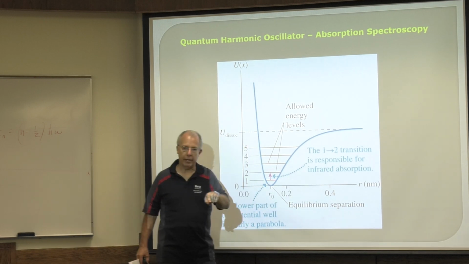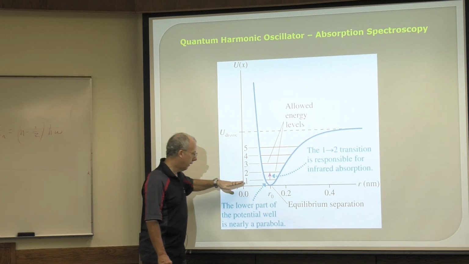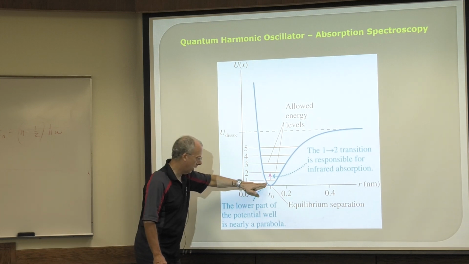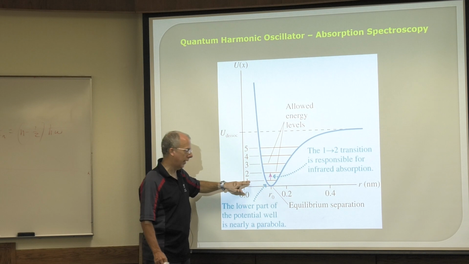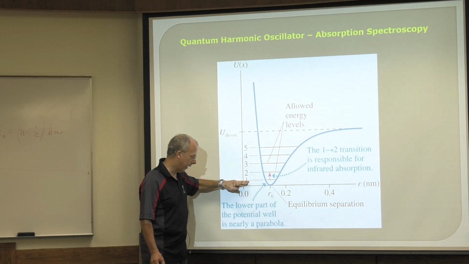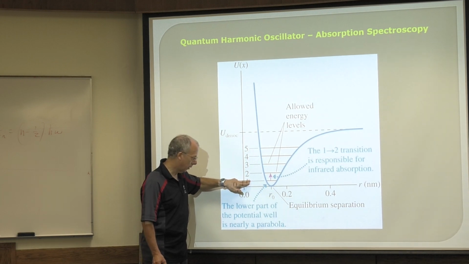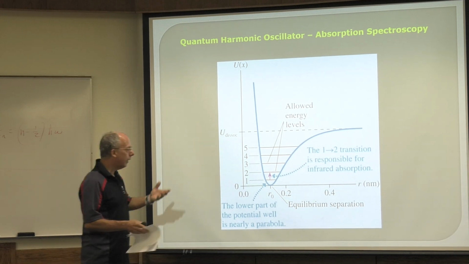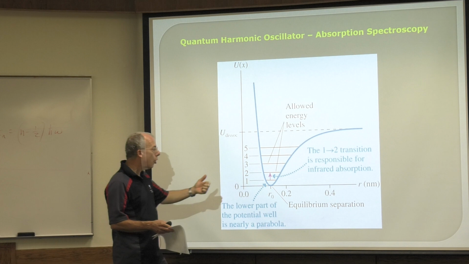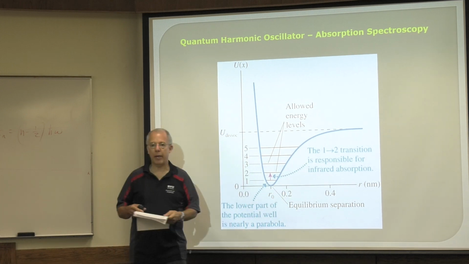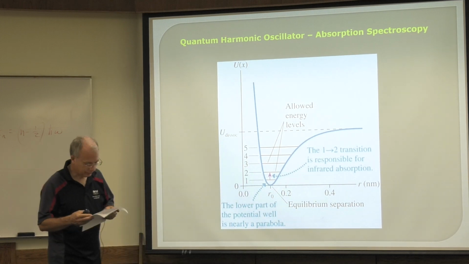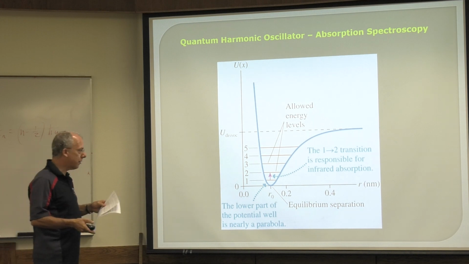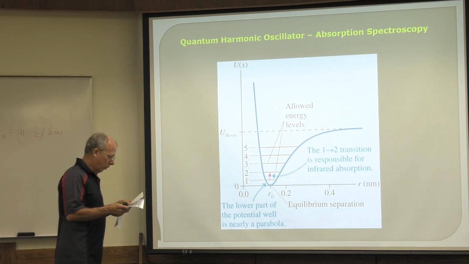So it's infrared light. If this molecule absorbs an infrared photon, it'll have just the right energy, so it goes from energy 1 to energy 2. In other words, this molecule will absorb an infrared photon. Awesome.